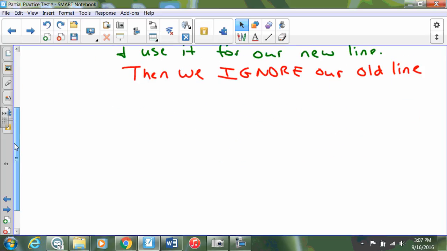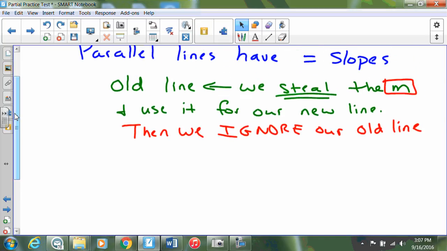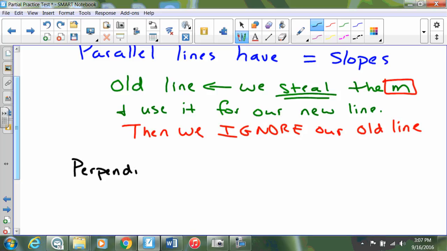Also, let's talk about perpendicular lines. So perpendicular lines, let's see. Perpendicular lines, they're called negative reciprocals.